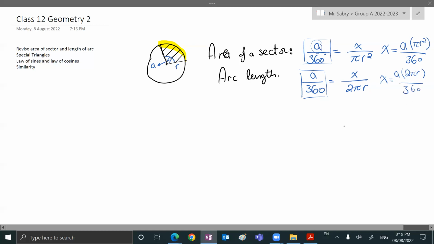So in other words, you're taking this ratio, the angle over 360, and you multiply that by either the area or the circumference. It depends on whether you need the area or the length. If you need the area, you'll use this one, and if you need the length, you'll use the circumference. Makes sense?